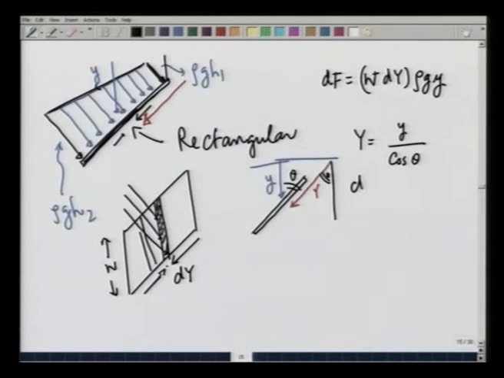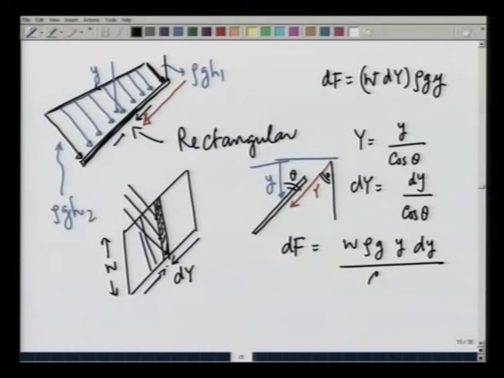So, dY is equal to dy over cosine theta, and therefore, dF is equal to W rho g y dy over cosine theta.